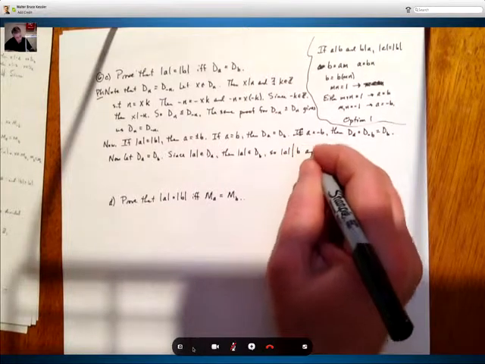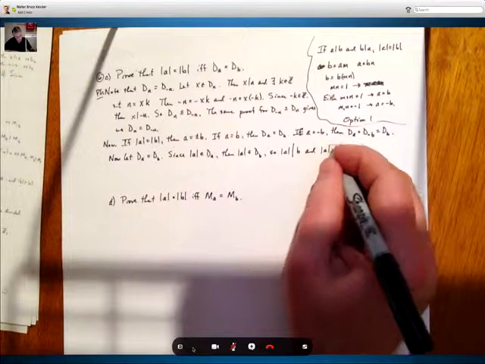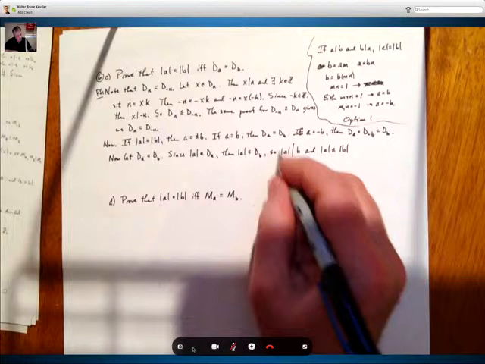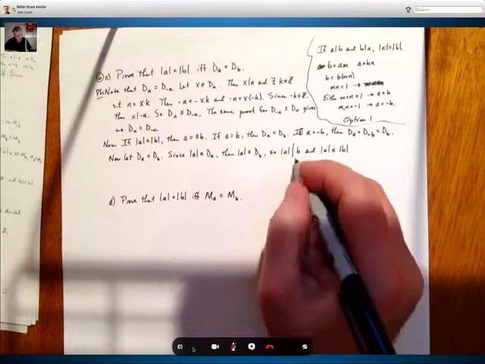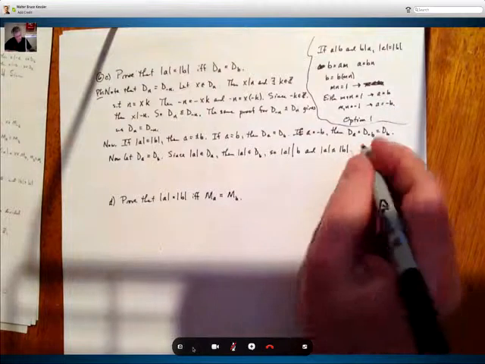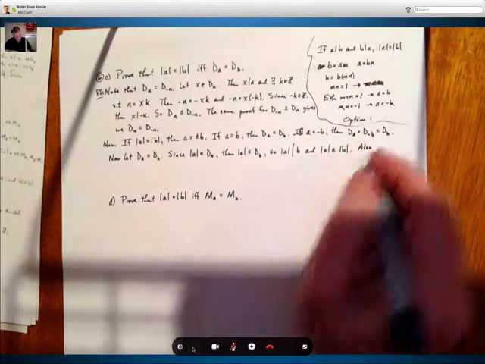So the absolute value of A divides B, and that means that the absolute value of A is less than or equal to the absolute value of B. It can't be greater in magnitude than B.